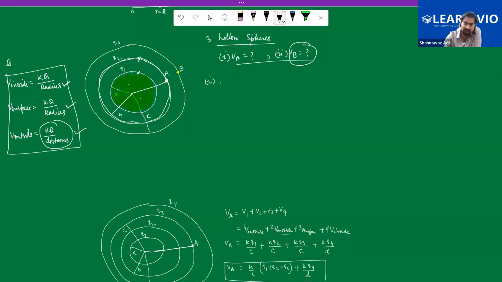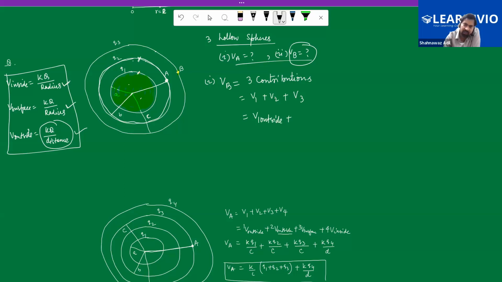So we want to calculate potential at B. Again, it will have three contributions from three spheres. One would be due to the smaller sphere, then the middle, and then the third sphere. This B point is outside, inside, or at the surface of this smaller sphere? That is outside.